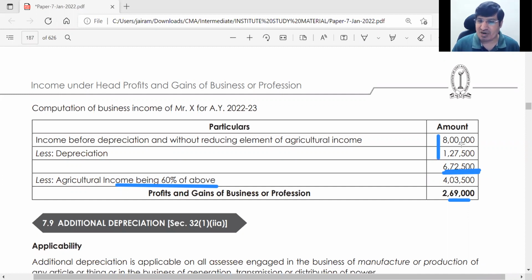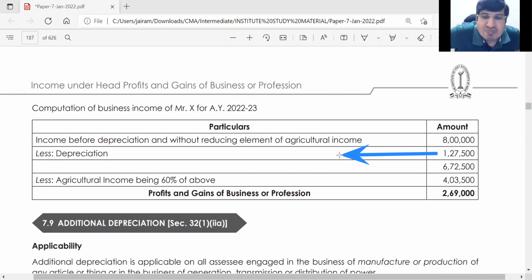That means we have applied 40% here and 40% here. So 40% of 127,500 is the depreciation which we have actually taken here. See how much it comes to: 127,500 into 40% is the depreciation for this year as per this calculation.